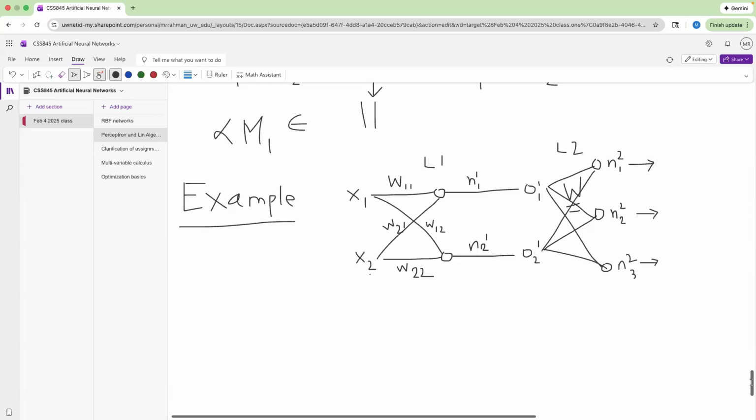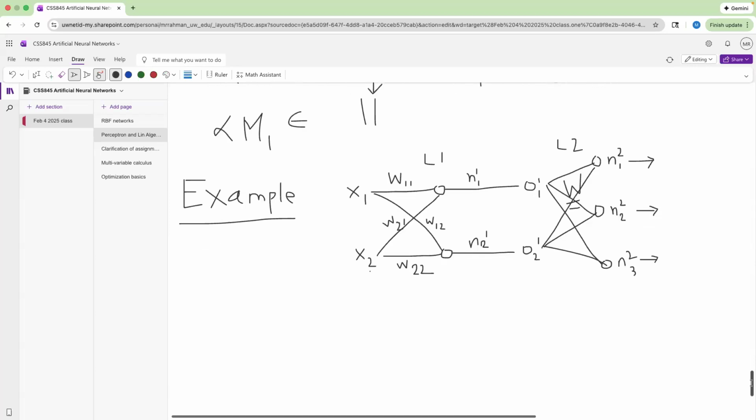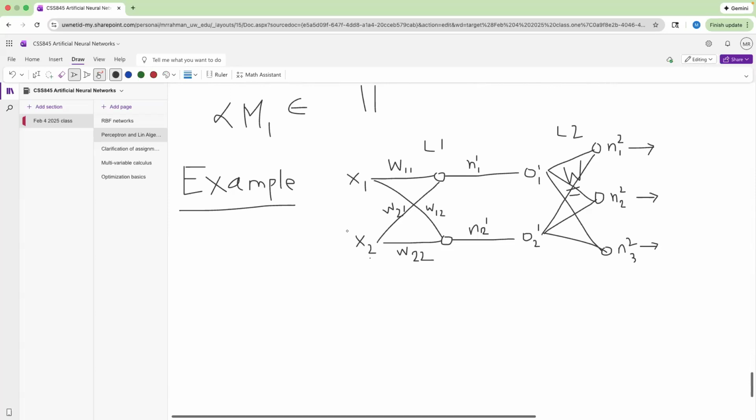So this is a basic simple neural network. You have 2D inputs here, and we take a weighted combination of them and get an intermediate value. Then to the intermediate values we add a nonlinearity, and once we have the output of the nonlinear unit, we pass it through another layer. What I want to show is that these can be represented as matrices.